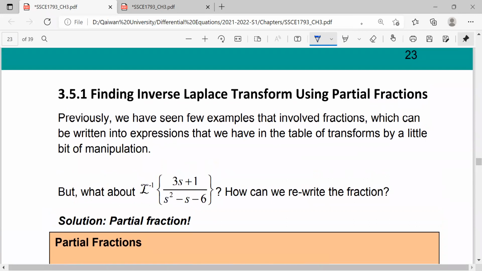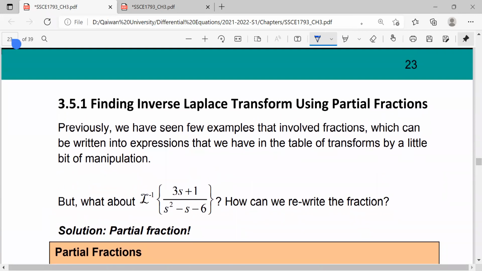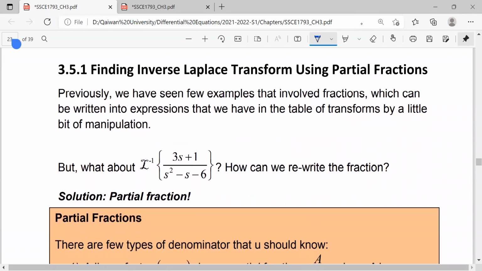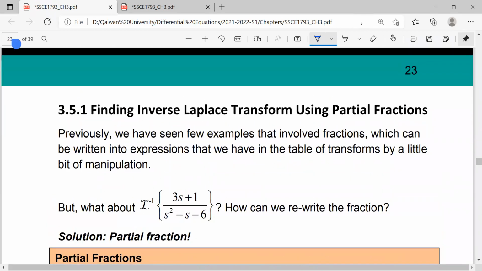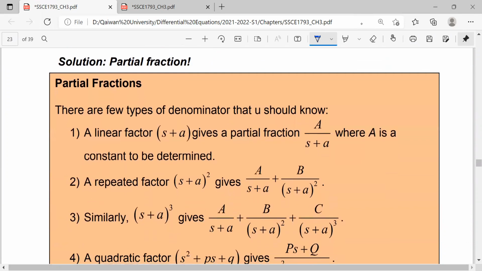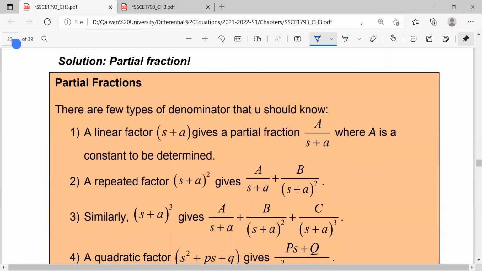We now have finding inverse Laplace transforms using partial fractions. Have you studied partial fractions before? Yes, indeed, in integration. Here there are a few types of denominator that you should know.